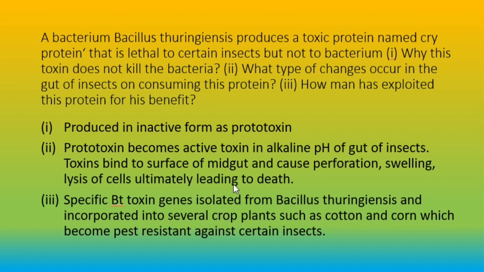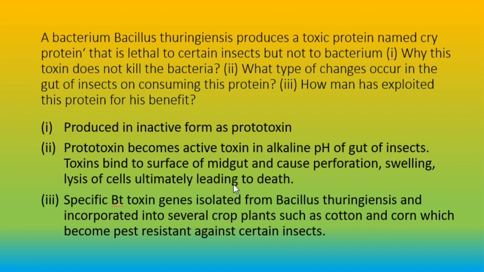What type of changes occur in the gut of insects on consuming this protein? Once the insect ingests this protein, the inactive protoxin will solubilize and become active protein. It's actually a crystal protein. It solubilizes to form the active form because of the alkaline pH of the gut of the insect. This toxin will bind to the surface of the midgut epithelium, the inner epithelial lining of the gut, and cause perforations.